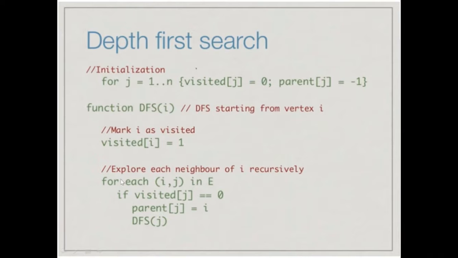I will go in the loop for 1 comma 4, we will not visit this, but 1 comma 2 we will go here. Now 1 is the parent, and again DFS will be called, and this time the starting vertex will be 2. So this will go on recursively and you will not need any stack. This is the easiest implementation of depth first search.